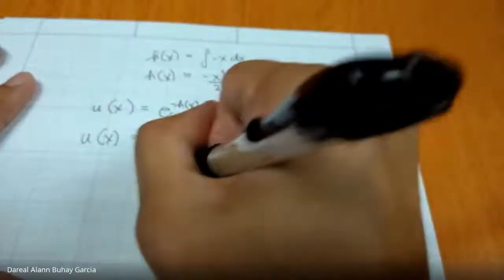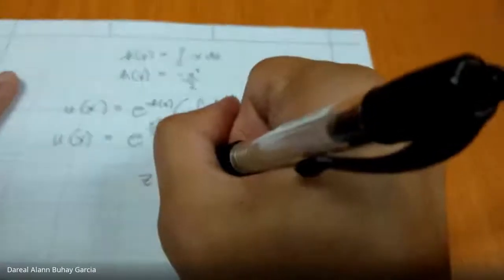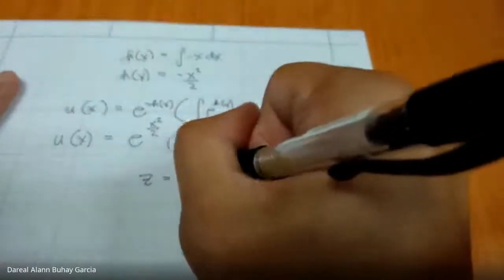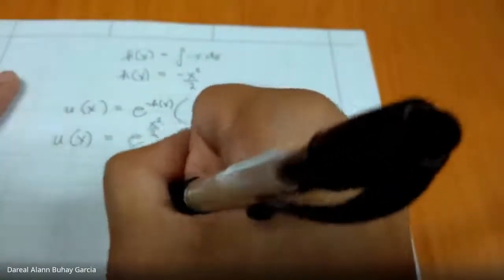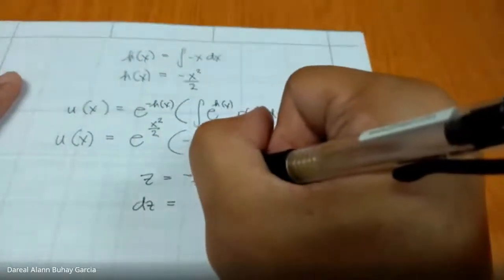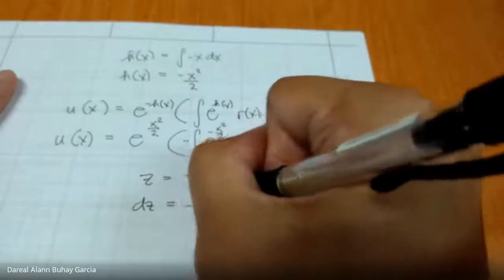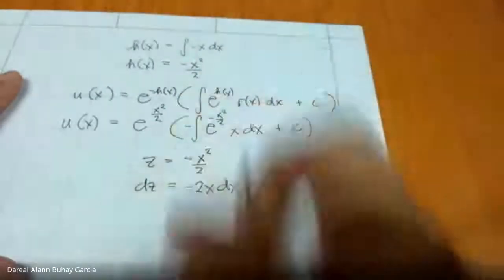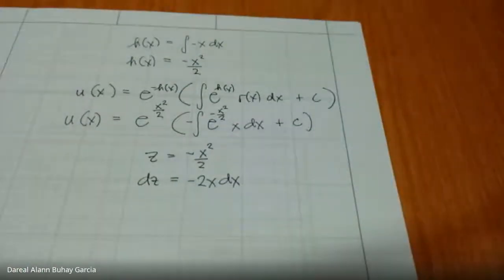So let z be equal to negative x squared over 2. dz is equal to negative 2x dx. Is this correct?